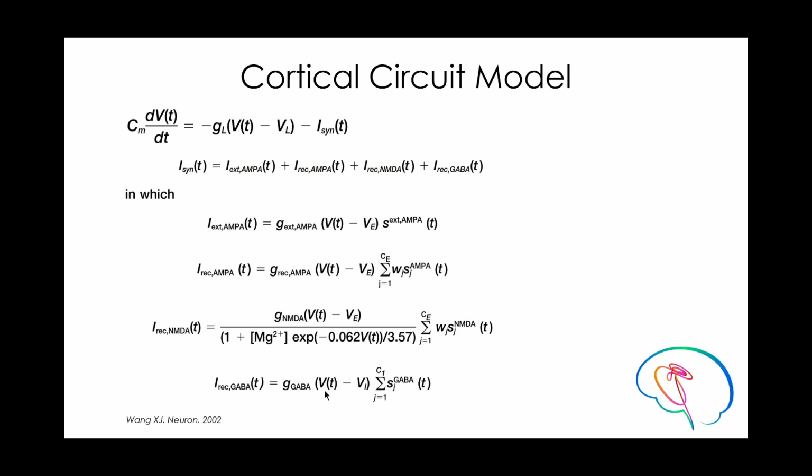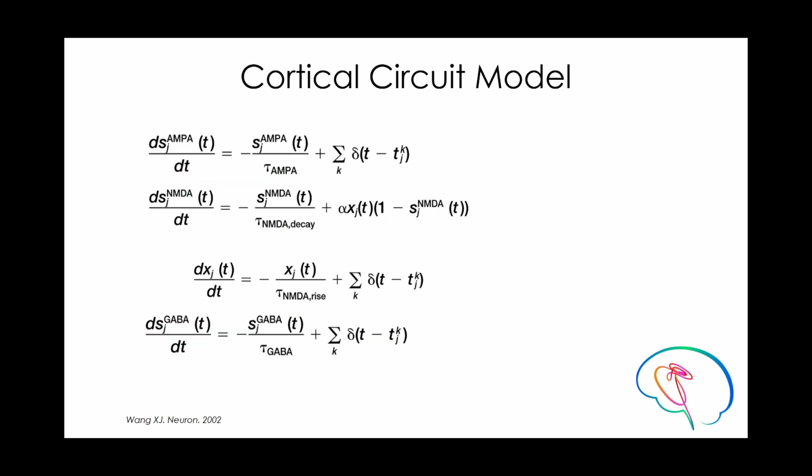There are simpler ones in most cases, except for the NMDA, which has a bit more complicated dynamics. And also, respectively, you can see the gradients for the synaptic gates, right? So each neuron has a voltage gradient, but it also has these synaptic gradients modeling AMPA, NMDA, and GABA explicitly.